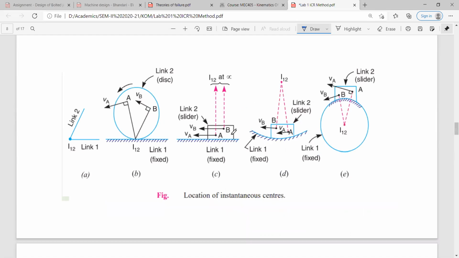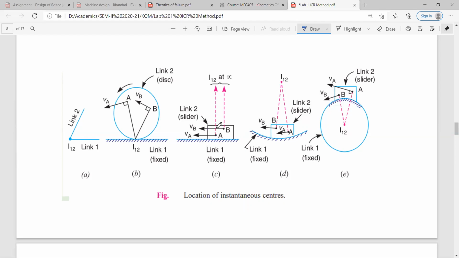See, if you remember this slide, when the slider slides in a straight path, its ICR with respect to link 1 or the fixed link lies at infinity. So we denote I12 at infinity because here the fixed link is numbered 1 and the slider is numbered 2.